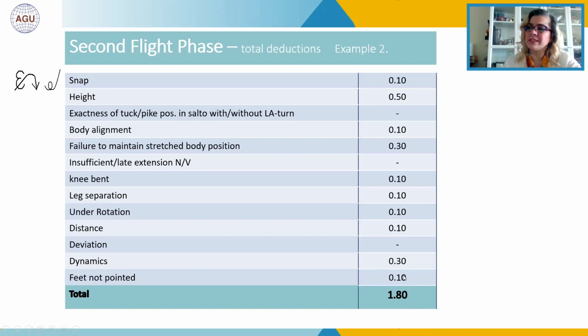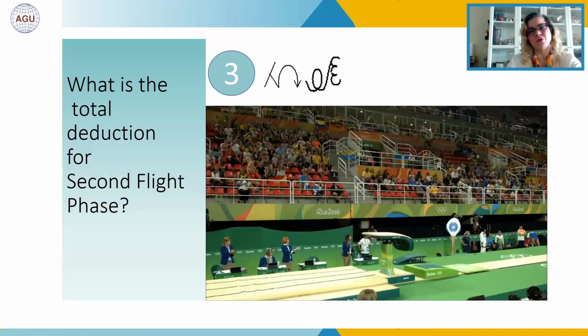So total deduction for second flight phase only, it's 1.8. Okay, let's move to another or last example for total deduction in the second flight phase.